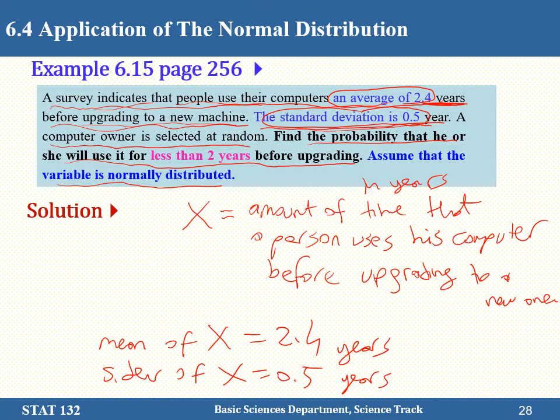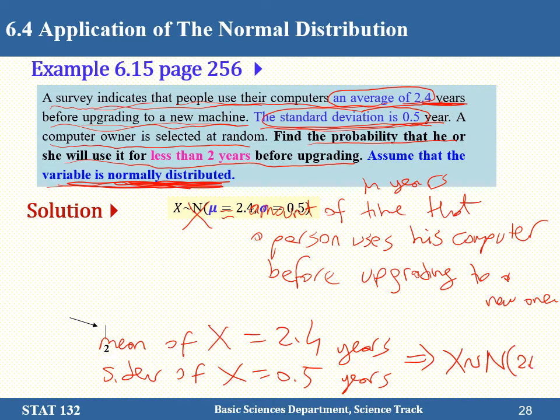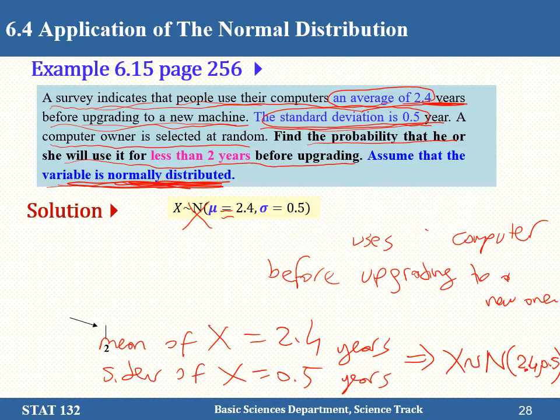And we assume the variable is normally distributed. So in this case, you can write that X has a normal distribution with 2.4 average and 0.5 standard deviation. So first you have to put this on the table, and then you can answer the question here.